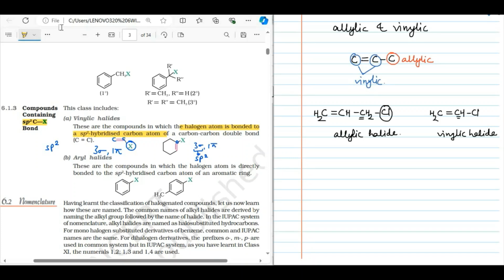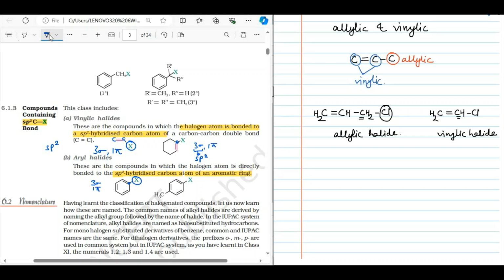Now come to the next class, aryl halide. These are the compounds in which the halogen atom is directly bonded to the sp2 hybridized carbon atom of an aromatic ring. Here this halogen atom is directly bonded to an sp2 hybridized carbon. The hybridization of this carbon will be sp2 as it has formed 3 sigma and 1 pi bond.